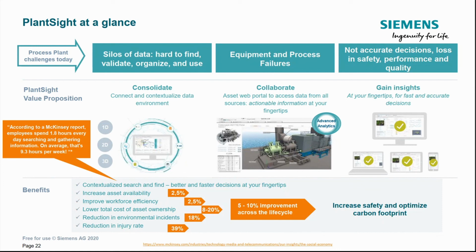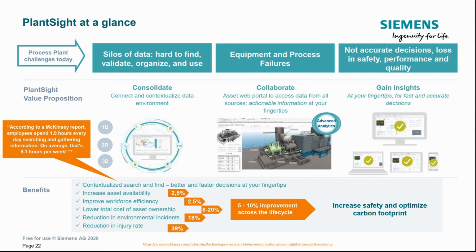All that together makes a good reason to try an approach with our PlantSight. And as you've seen, we have a lot of references in a lot of different industries. Maybe also the industry you are coming from might need a system like that.